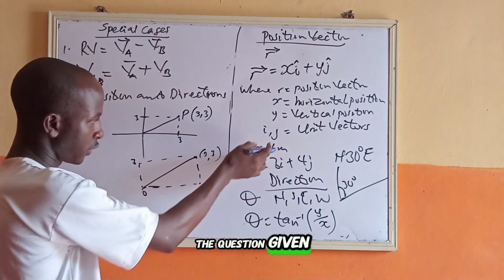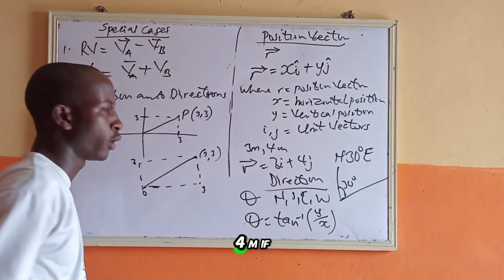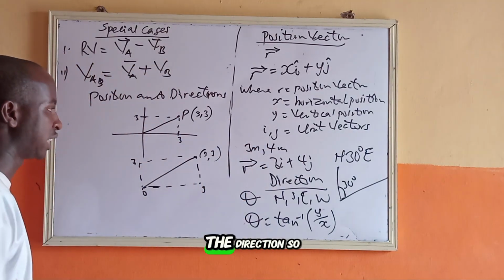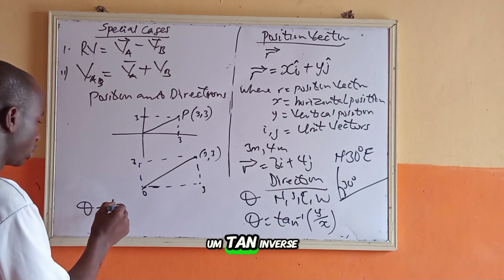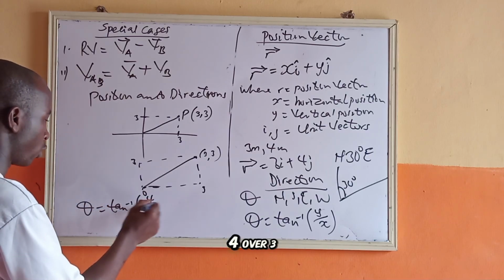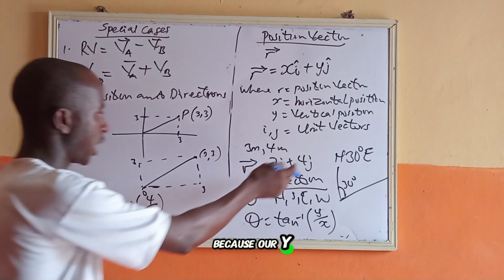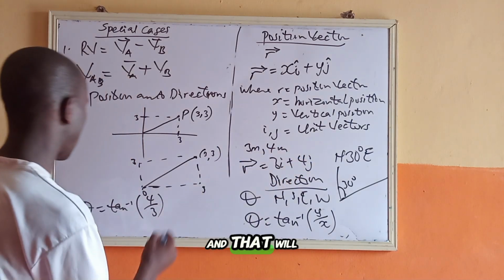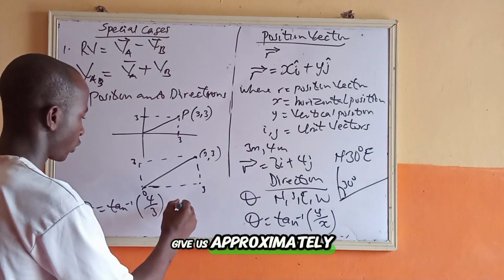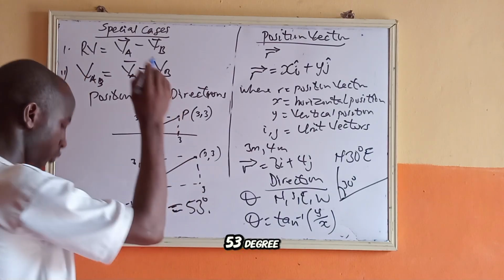For the question given to us, 3 meters and 4 meters, if we have to find the direction, theta will be tan inverse of 4 over 3, because our y here is 4 and our x is 3, and that will give us approximately 53 degrees.